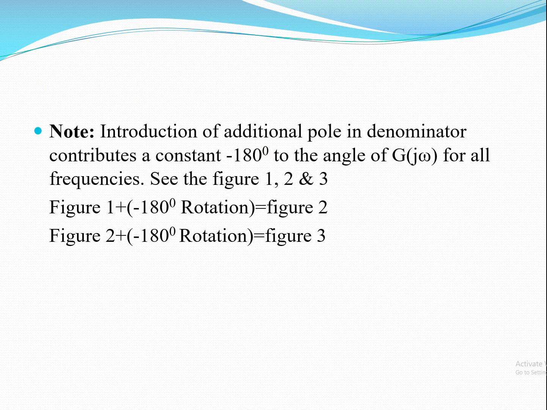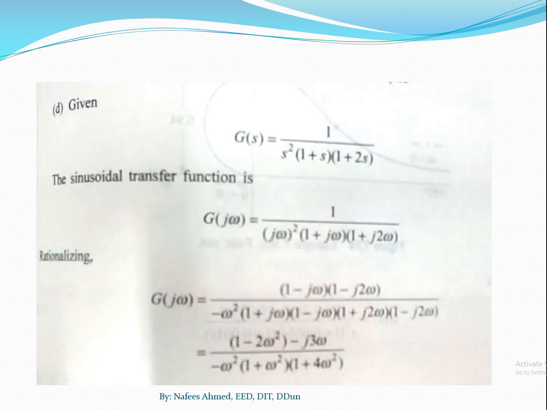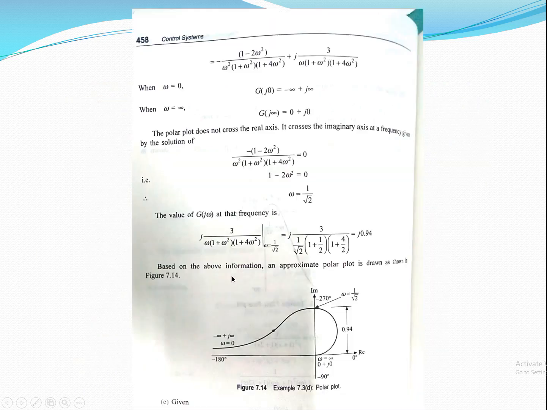Done. Now this is the polar plot. Now we need to find the Nyquist plot. So how can we do this? The example of this is again s square, j square, so minus outside, so it will be minus omega square. And we need to separate it out. We have got this, which is nothing but 0.94.